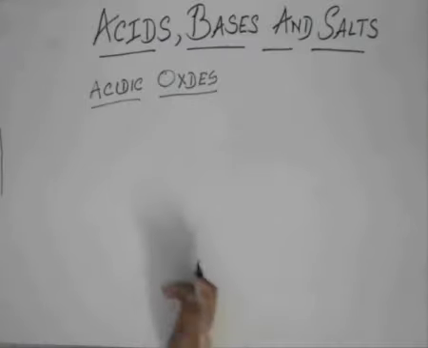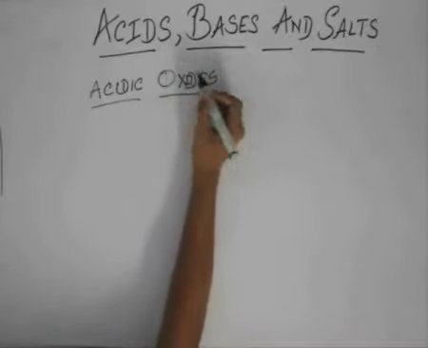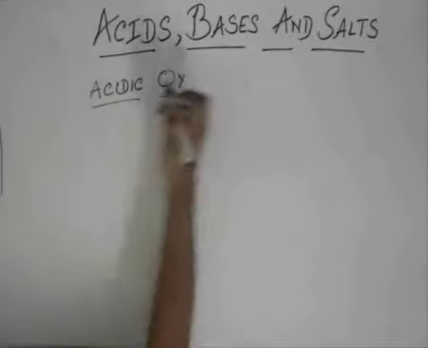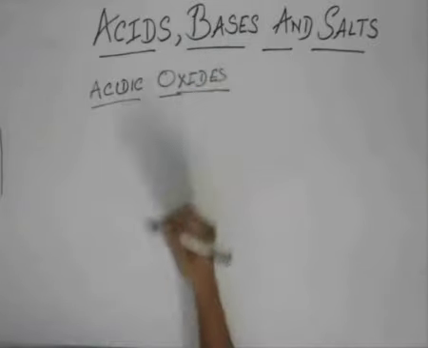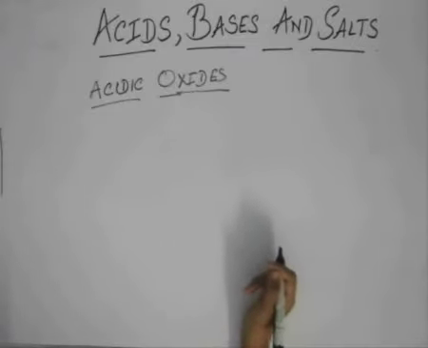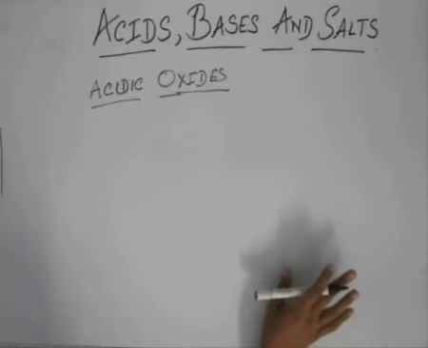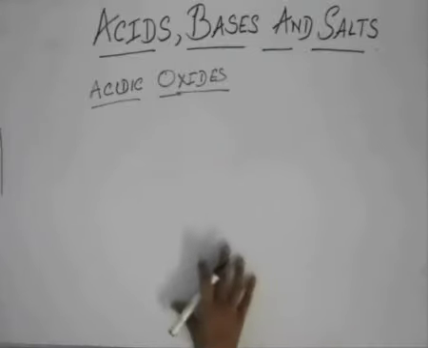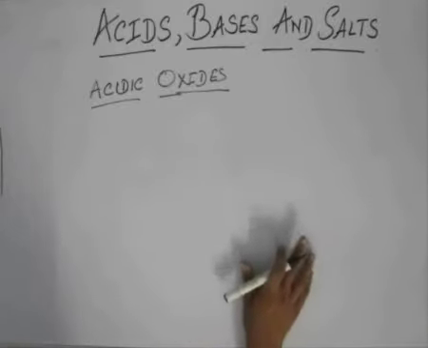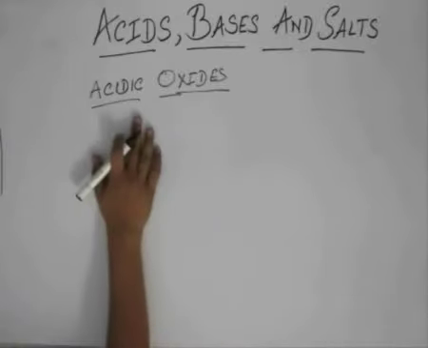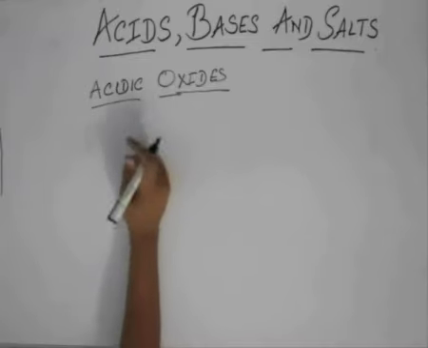Now these acidic oxides will react with a base to give salt and water, and that means they will show the properties of the acid while reacting with the base. And when these oxides are dissolved in water, they actually give you the acid.